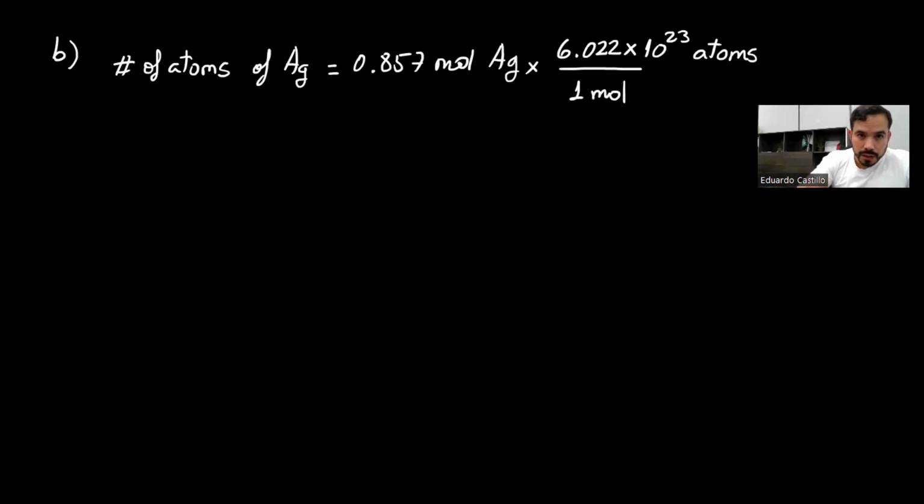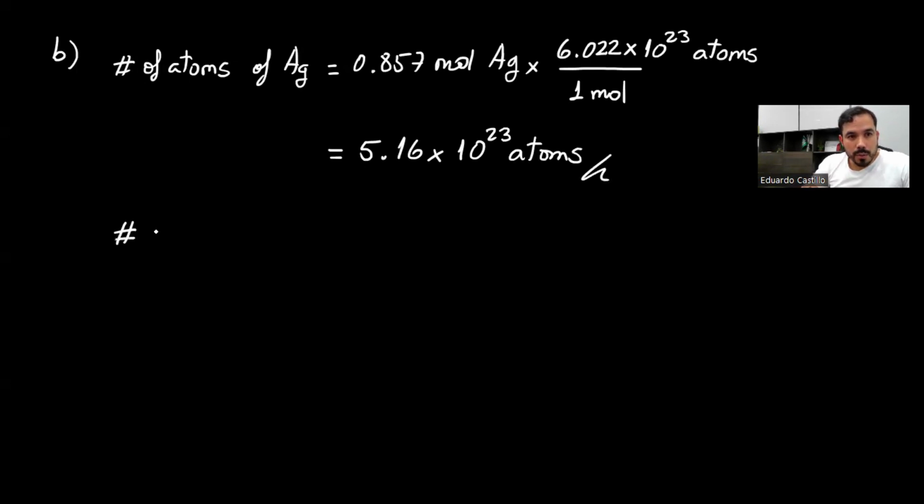So the answer is 0.857 times 6.022, which is 5.16 times 10 to the 23 atoms.